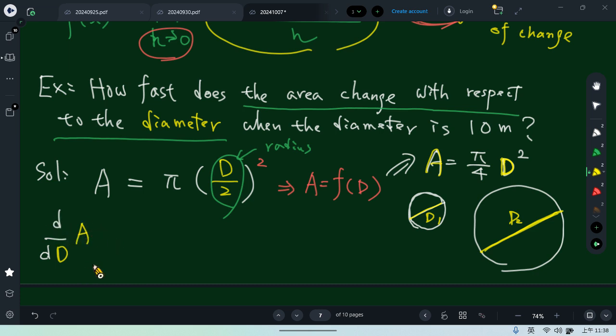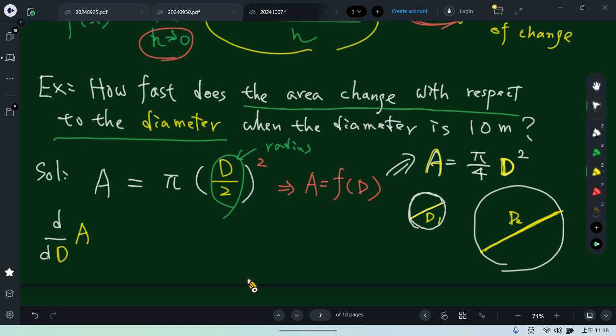Let me just emphasize it again. This expression is talking about how, with a very small change in D, small d with a big D here, we will see how much the area A will change.